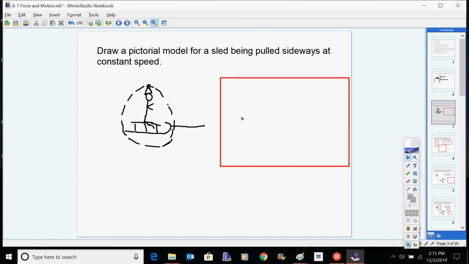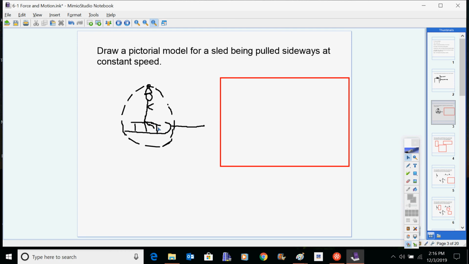So when we're thinking about the forces that are on this particular sled, what is one thing that we know is acting on this sled? Yep. Gravity, sure. Gravity, the force of the Earth's mass on the sled. Which direction would that be? Down. Okay? We're not even talking positive or negative here.